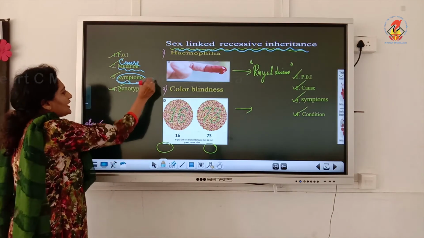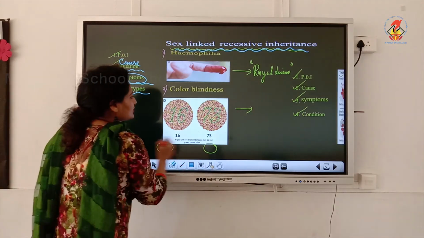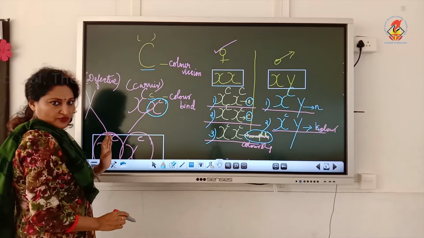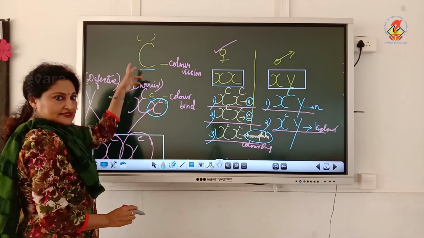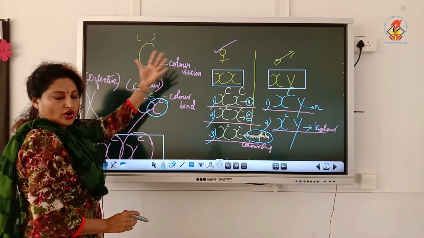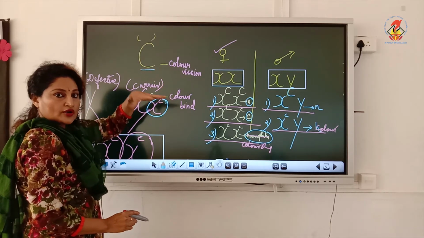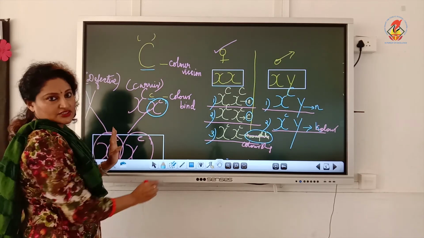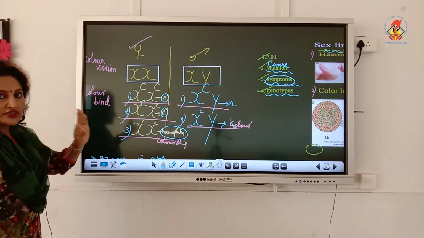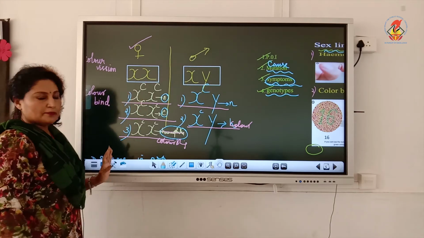And lastly, the genotypes. Genotypes you have to specify or indicate what C stands for. I have already explained what capital C and what small c. Remember, capital C stands for normal, whether it's normal vision or color vision or normal clotting, and small c stands for the drawback. And therefore, you give the genotypes of the females. There are 3 genotypes and genotypes of the males.